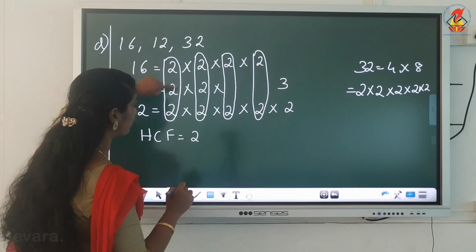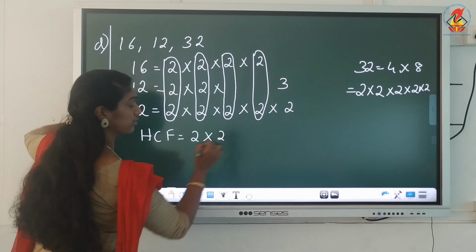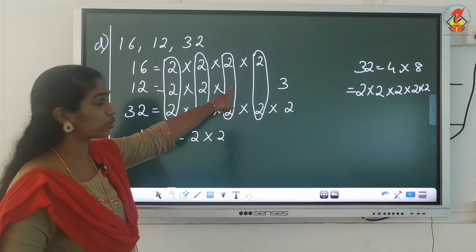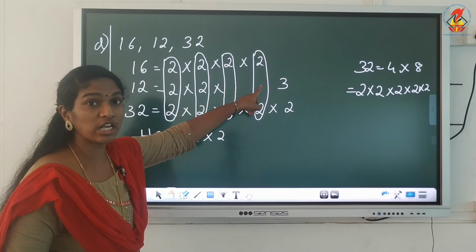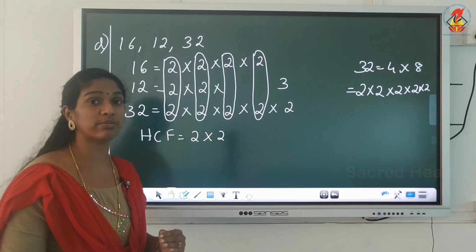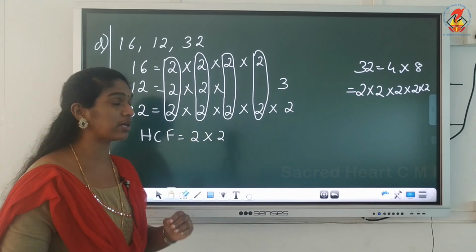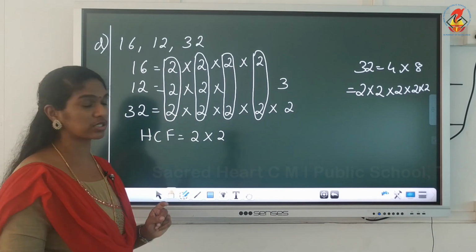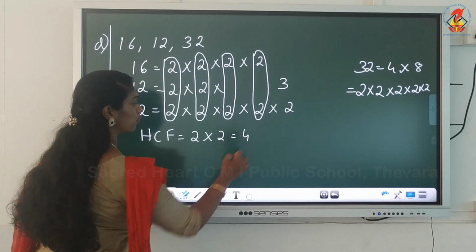Again, this 2 is common for all the 3 numbers, I can take from that. But here, there is a missing over here. For second number, there is no. Here also it is missing, right? So I cannot take it from that group. I need to get it from all the numbers. It should be common for all the 3 numbers. For like that, I have only 2 groups. So I'll only take from the 2 groups. So I got the HCF as 4.